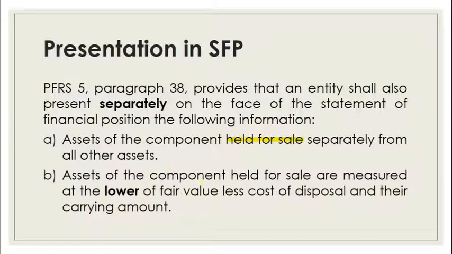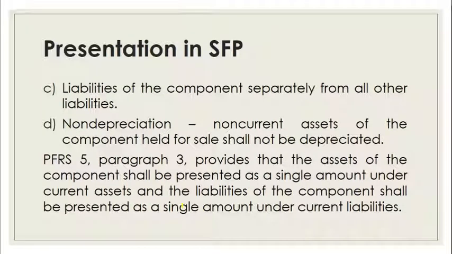Assets of the component held for sale are measured at the lower of fair value and their carrying amount. Next, liabilities of the component are presented separately from all other liabilities. Again, in your SFP it is recognized as part of your current assets, and the related liabilities are of course part of your current liabilities.